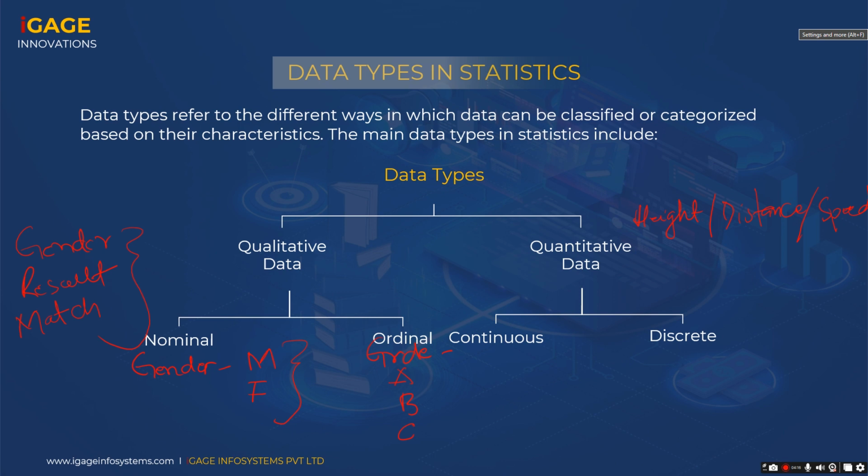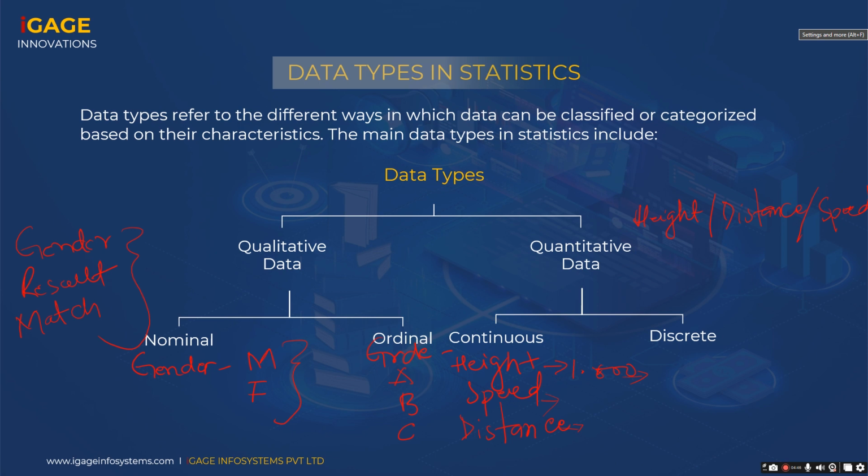For example, height, speed or distance are examples of continuous data. They can have multiple values, infinite probable values.